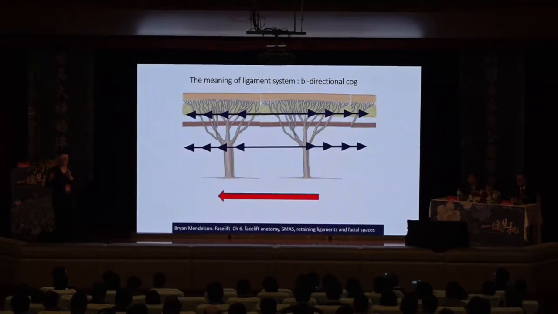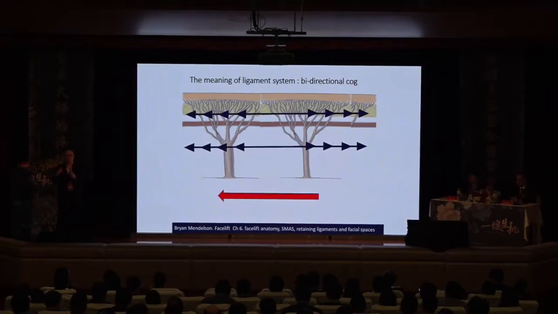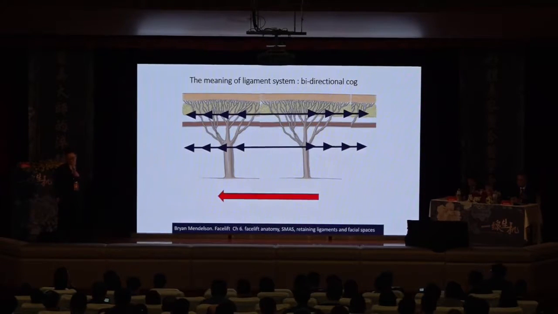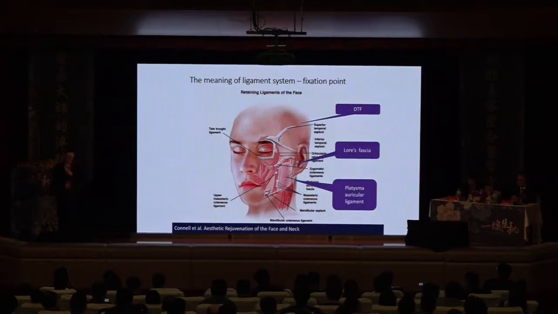I think evidence-based medicine is our duty, the most important thing, our conscience. But evidence-based medicine always follows the clinician's vision and trial. So nowadays many Korean doctors try to build evidence about this. This is the ligament system.